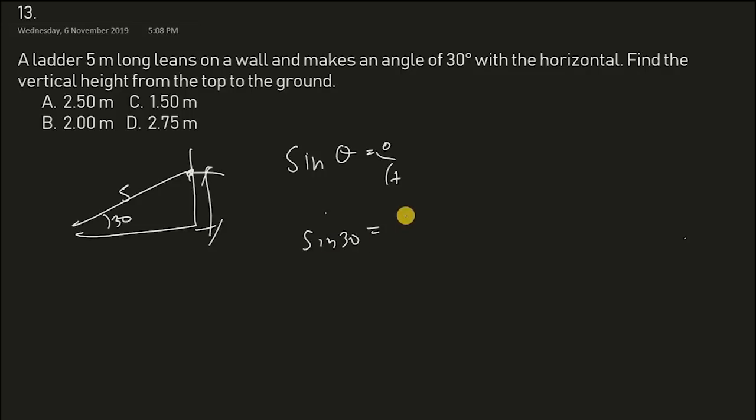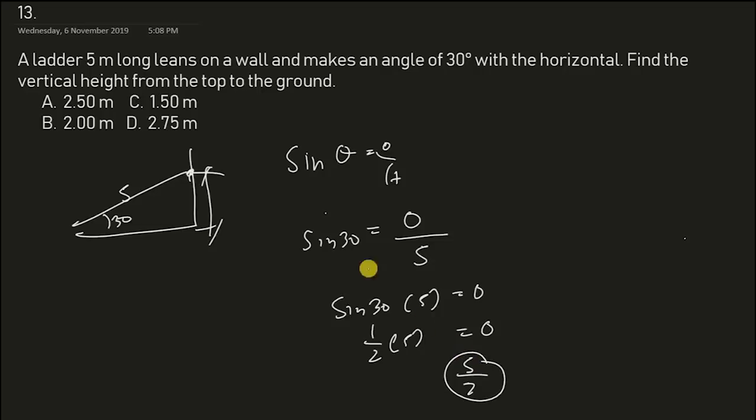Sine 30 is equal to opposite, let's name this O, and hypotenuse is 5, transpose na 5 sa kabila. Sine 30 times 5, and sine 30 is 1/2. So, 1/2 times 5. The value of our opposite side is 5 over 2, which is 2.5. So, basically, the answer is letter A.